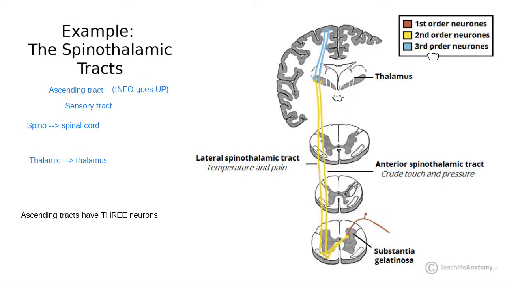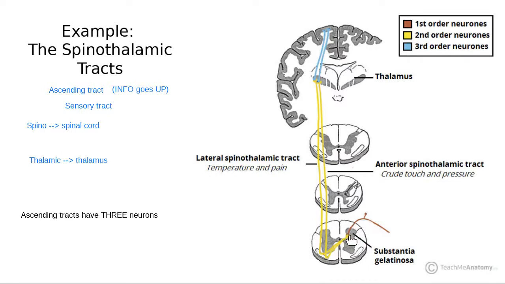When we're trying to figure out the functions of each of these neurons, a first order neuron is the sensory neuron that collects the sensory information. You can see it in our picture here. This sensory neuron, with its cell body in the dorsal root ganglion, comes into the spinal cord and synapses with an interneuron.